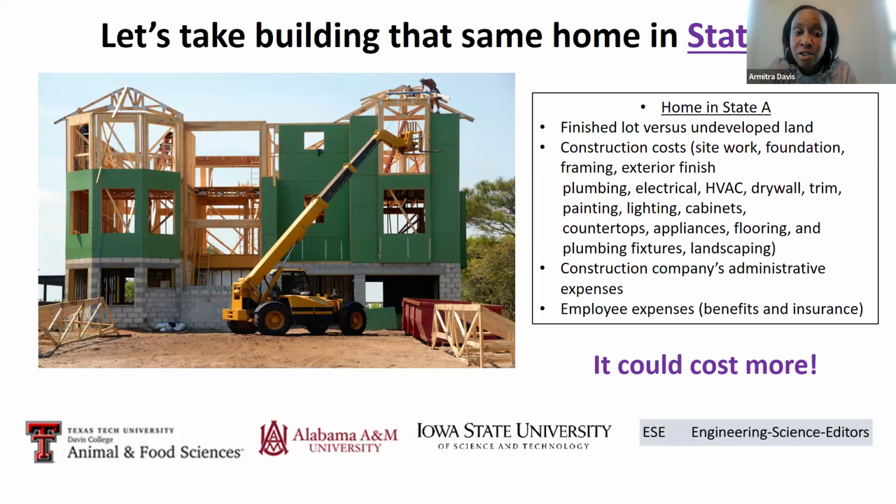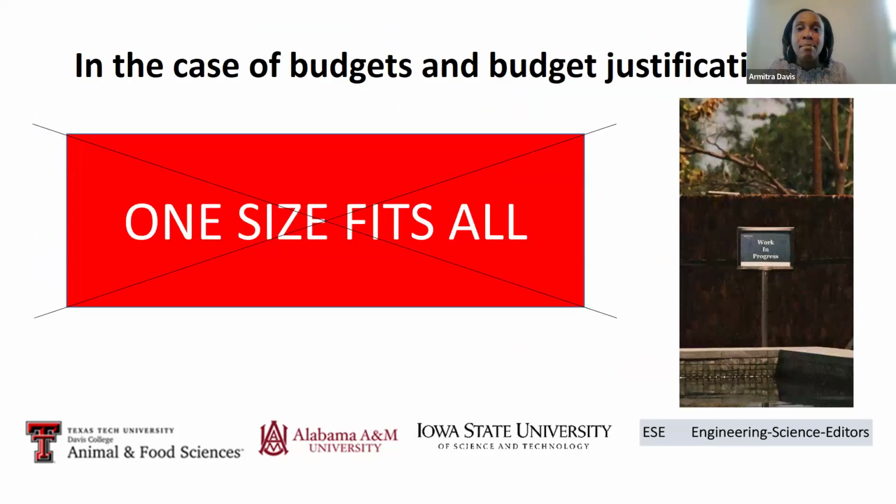It could cost more. So the take-home message here is that budgets and budget justifications are definitely not a one-size-fits-all. A lot of times in proposal writing, we are tempted to take one budget and just see how it can fit another proposal, but it's very important to remember when we think of our proposals in terms of the objectives, in terms of our goals and what we actually want to accomplish, the budgets can look very, very different.